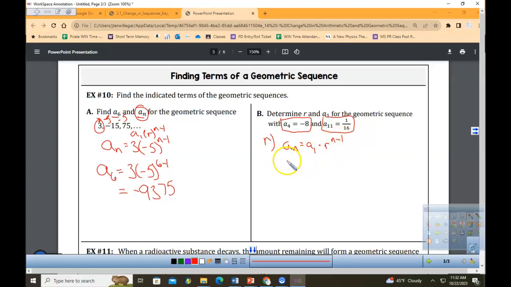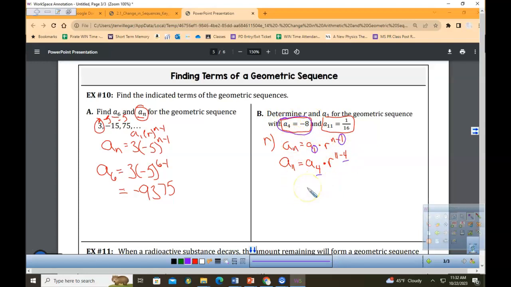So wouldn't that also hold true? I'm looking for the 11th term. Well, that would equal my a sub 4 times r to the 11 minus 4. So what I did there is I switched my 1s for 4s, because I know the 4th term.